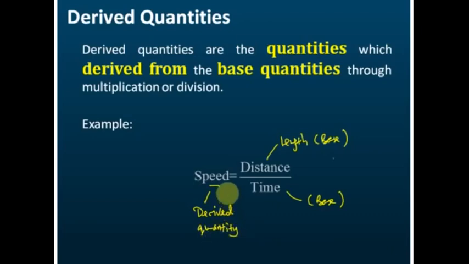So, what are derived quantities? Derived quantities are the quantities which are derived from what? From base quantities. So distance and time are the base quantities. Speed is derived from distance and time, and therefore speed is called a derived quantity.